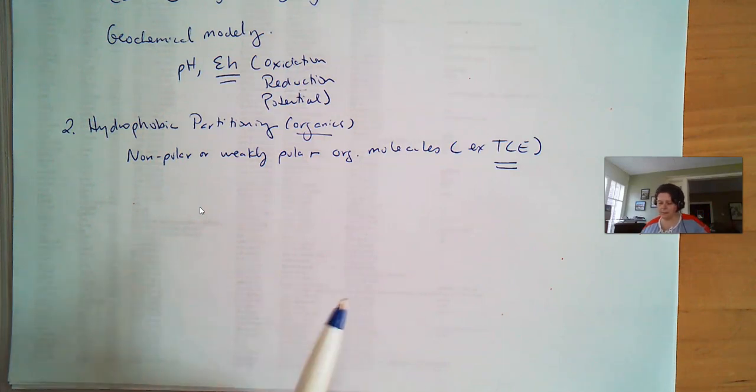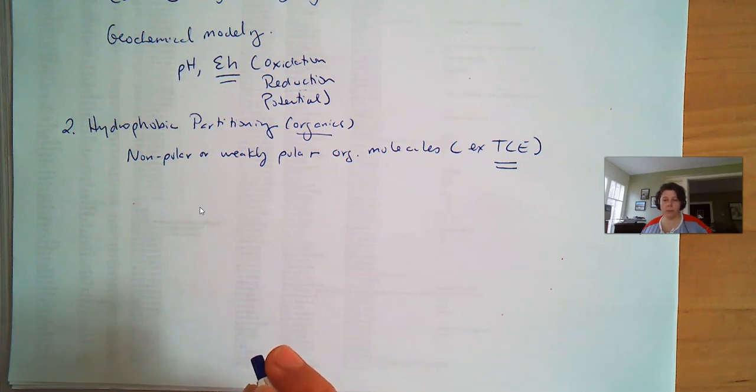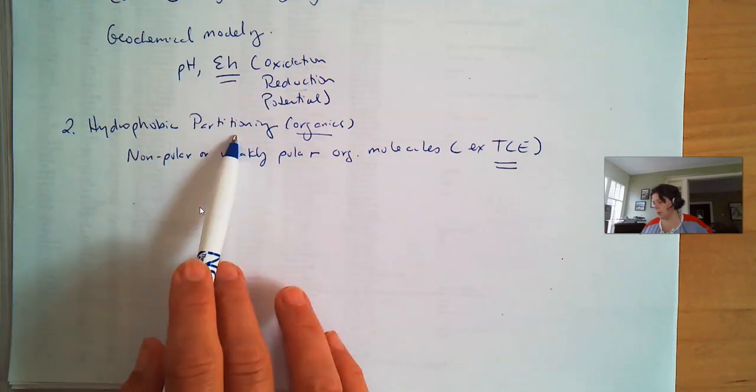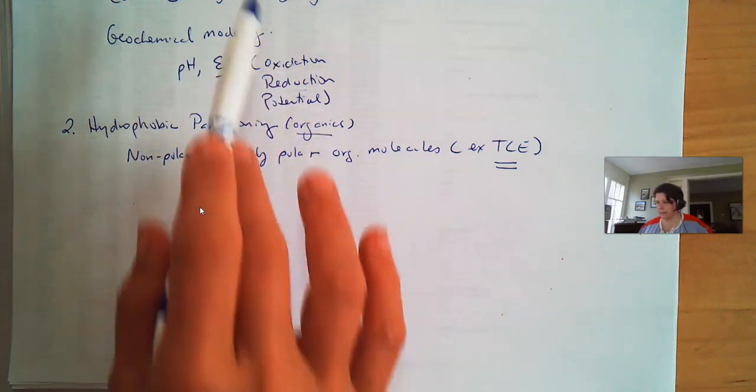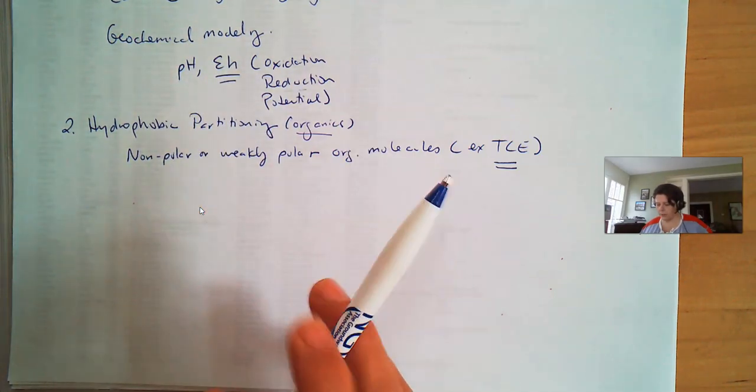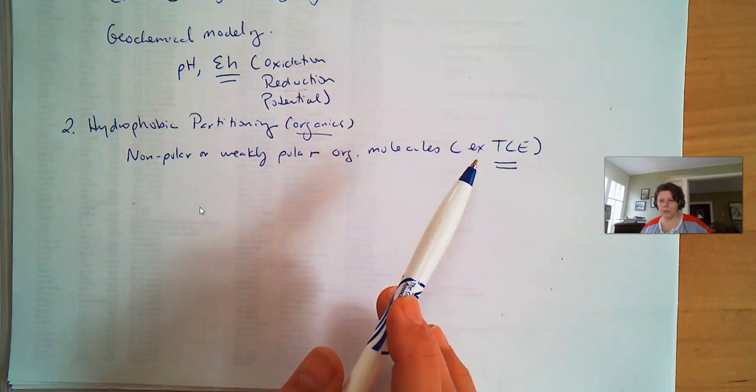Organic solids in the soil. Especially around here, we have a lot of organics in our soil. And since we have a lot of organics, especially in the upper parts of our soil, we're going to see a lot of absorbing onto those phases. So this is really hydrophobic. This hydrophobic partitioning is not dependent, like these compounds up here, on the pH and the Eh. They really are not affected by the ionic strength of the system.